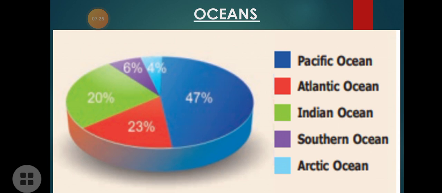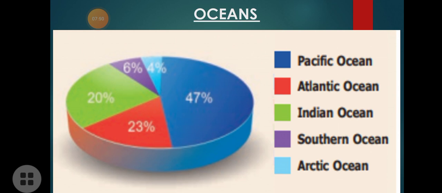Next to Pacific Ocean, the second largest ocean is the Atlantic Ocean. It occupies 23 percent of the ocean waters of the world. Next to Atlantic, Indian. Atlantic Ocean and Indian Ocean are more or less the same size only.